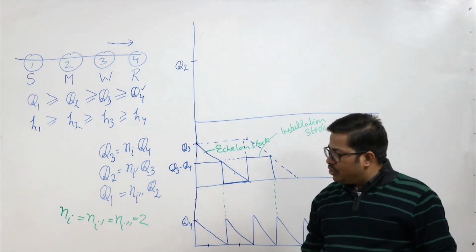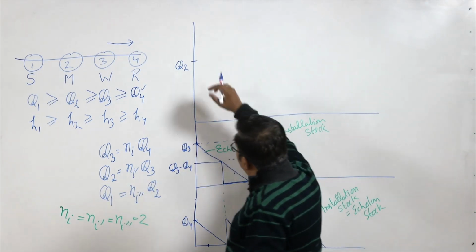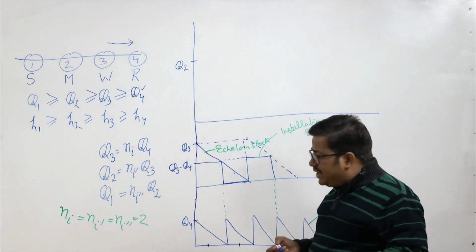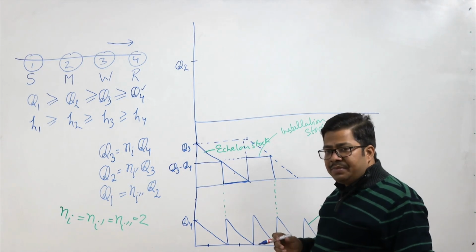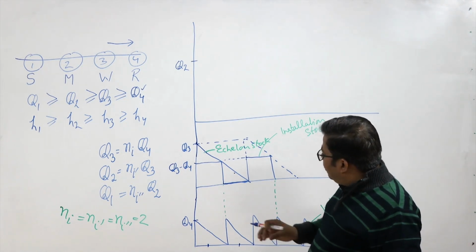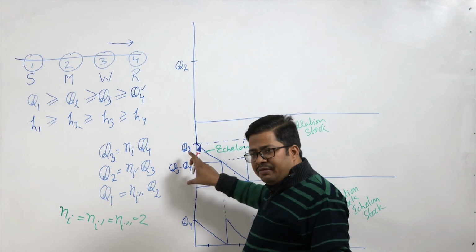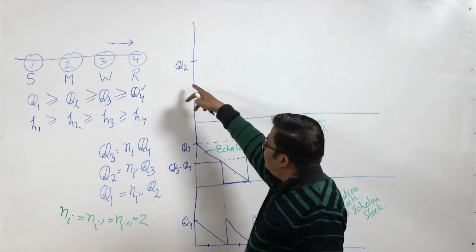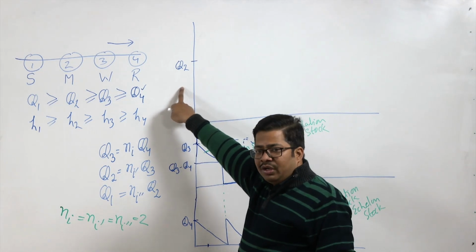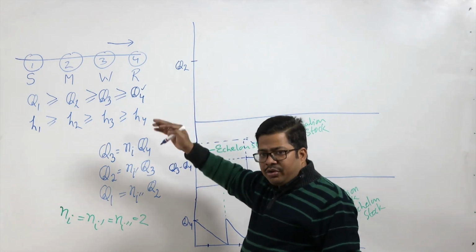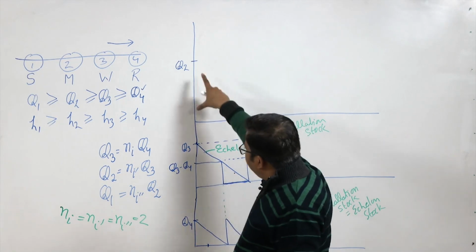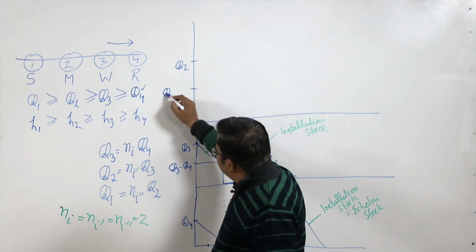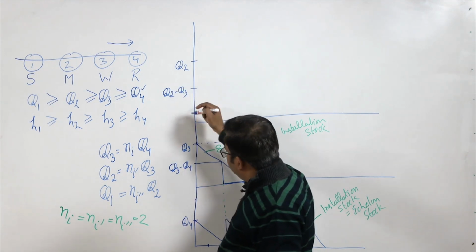Whenever you procure Q2, we have developed the system in such a manner that whenever you require Q3 at time T0, the same day you have procured Q2 also. So out of Q2, half of Q2, that is Q3, will go to stage 3.